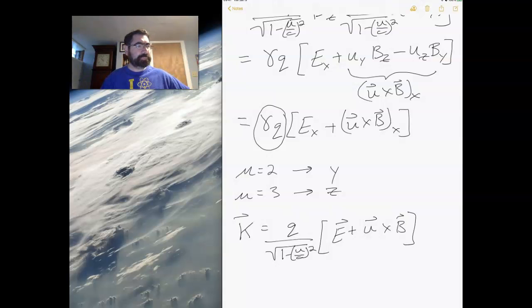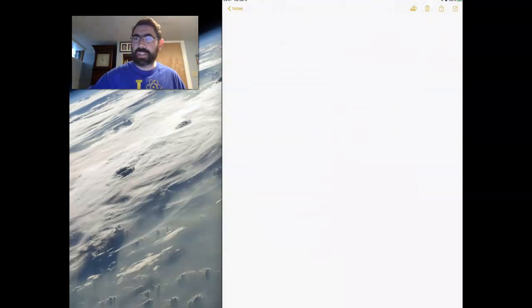The last thing we need to consider, now moving into relativistic electrodynamics, is the potentials. How are we going to write the electric and magnetic potentials in relativistic form?